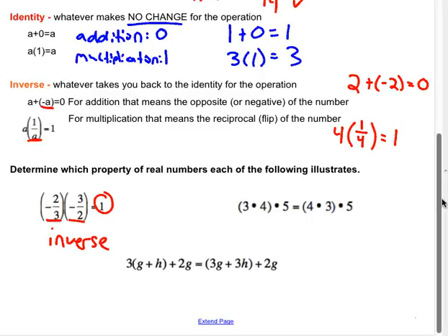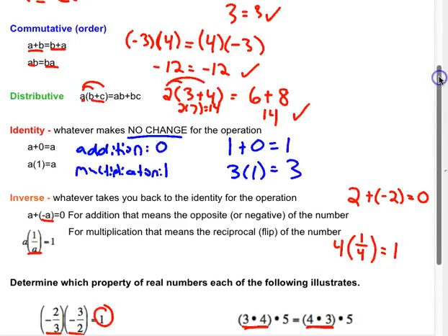All right, now this next one. I notice there's grouping, okay? But the thing that I notice is it's not the grouping that's necessarily changing. Notice within this group, what's happening? Well, the order is changing within that group, okay? So if I'm changing the order, that is actually the commutative property, okay?